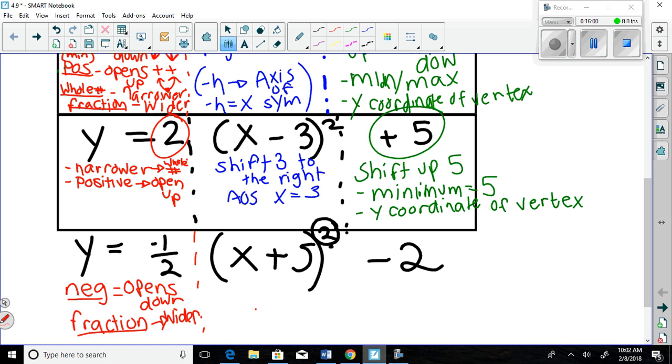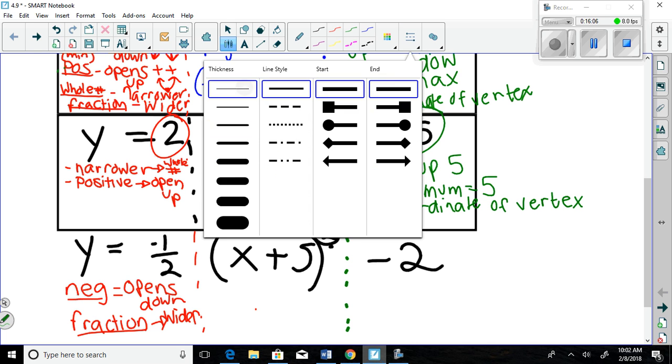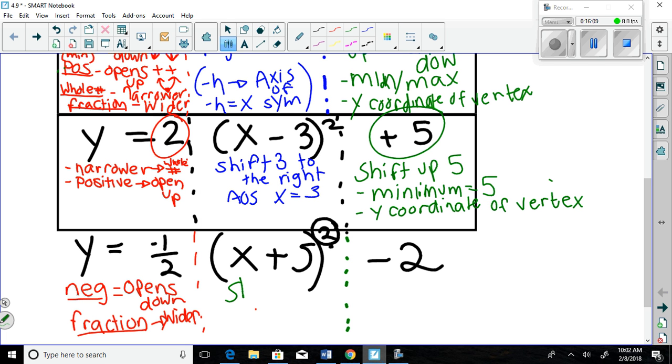Beautiful. Who wants to help me with the next one for oral communication? Perfect. Shift left 5. Then the axis of symmetry, or my x coordinate of my vertex, is x equals negative 5. And last one, Jonathan.